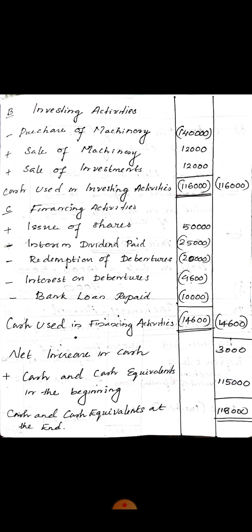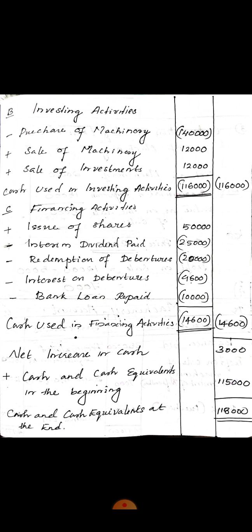Investing activity, purchase of machineries and outflow of cash, rupees 1,40,000. Sale of machinery, inflow of cash 12,000. Sale of investment 12,000. Cash used in investing activity 1,16,000. Next, financing activity, issue of shares 50,000.